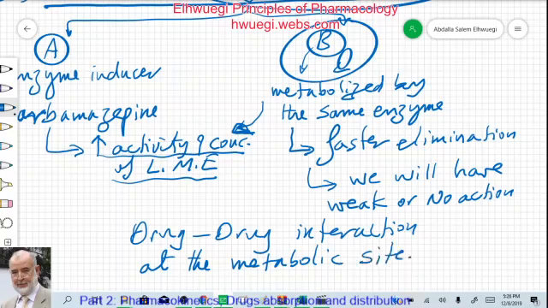So in general, we can say that any drug, when taken chronically and it is metabolized by the liver microsomal enzyme, will induce its own metabolism, it will increase its own metabolism, and as well the metabolism of other drugs which are metabolized by the same enzyme. Okay?